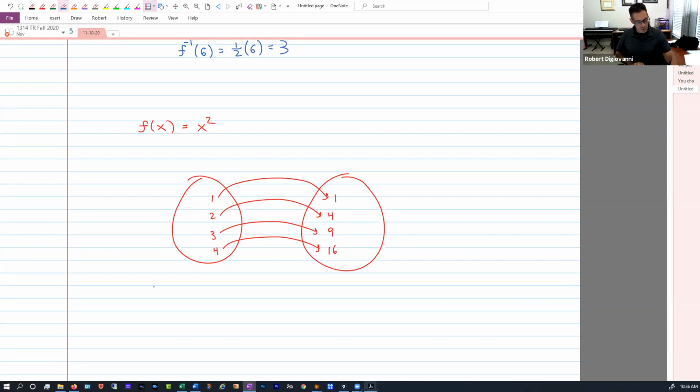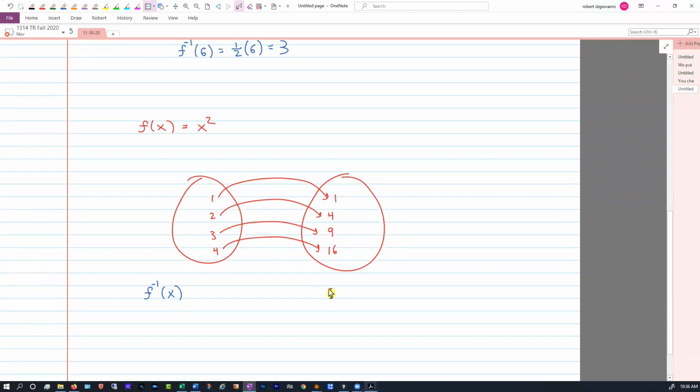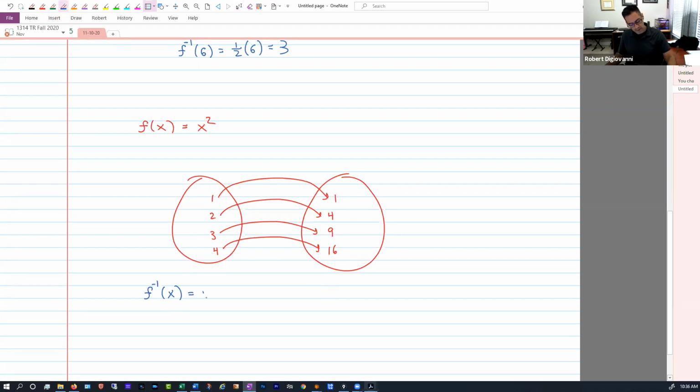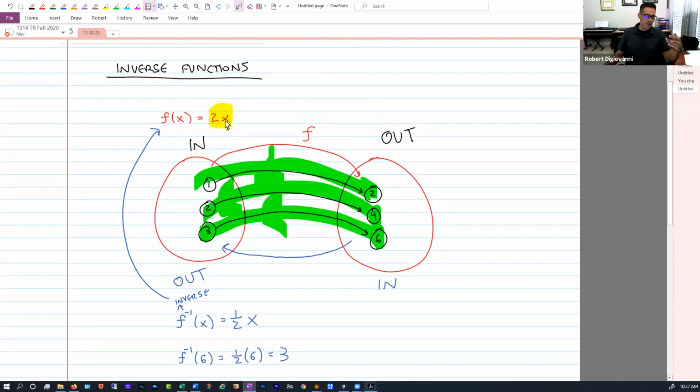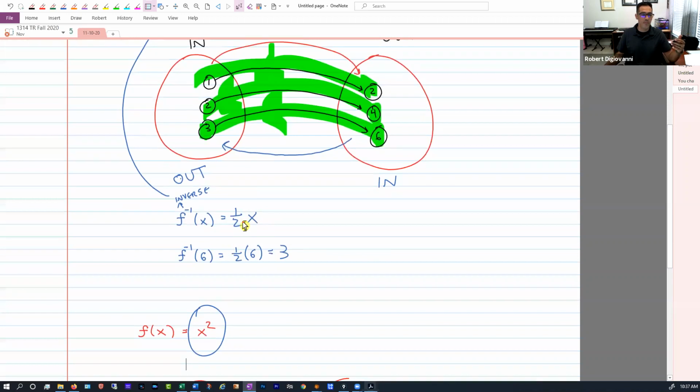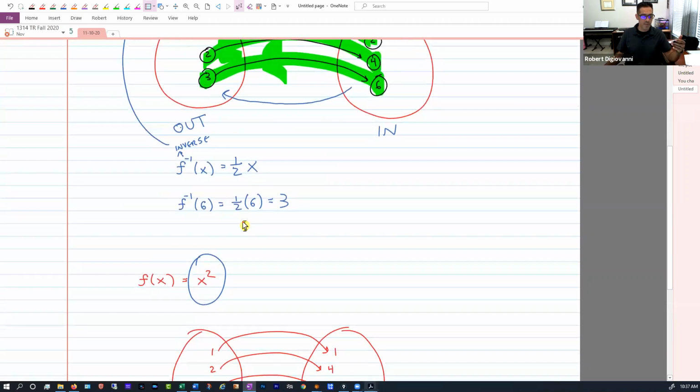What would the inverse function need to be to go backwards? To go from 16 to 4, 9 to 3, 4 to 2, and 1 back to 1. It would be the square root of x. That's right, we would need the square root of x. We squared it, right? So to undo a square, you take the square root. In the previous example, f doubled the input, and so to undo that, we need to take half of the input. Okay? Is this making sense?